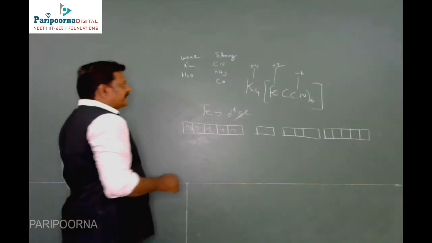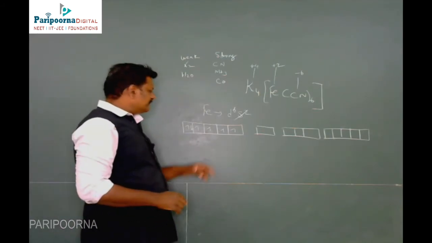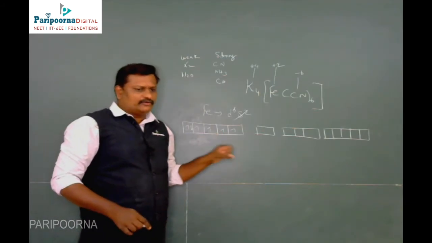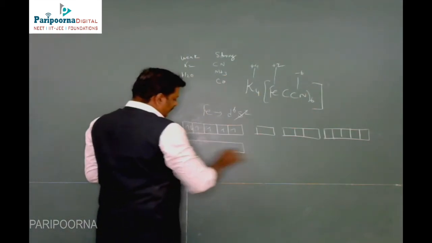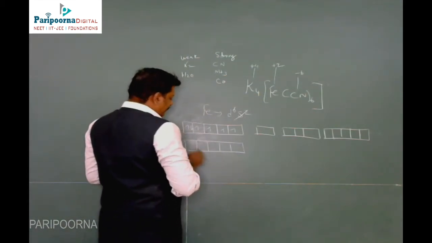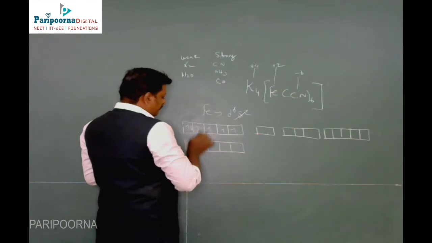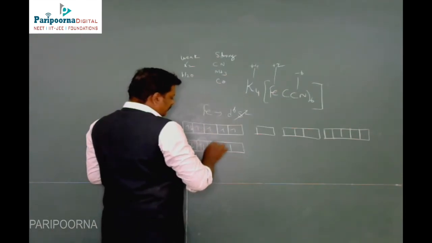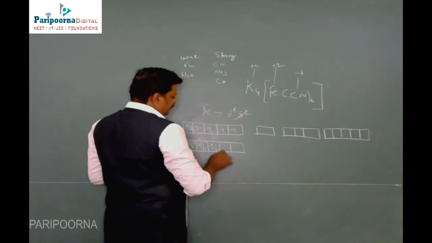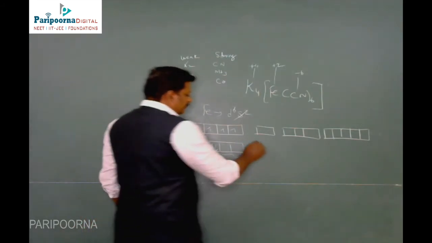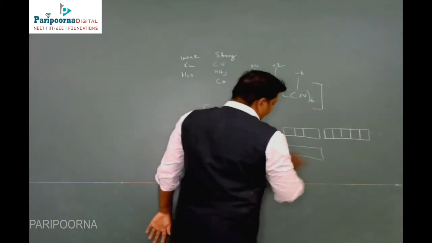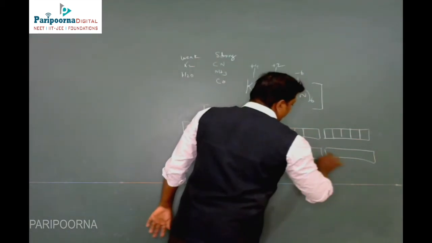If the ligand is strong, pairing occurs in the orbitals. Now how does the pairing occur? Now it becomes 1, 2, and this becomes paired. Here pairing has occurred. Now there are 2 orbitals vacant, and also the remaining s orbital, p orbital, and d orbital are there.